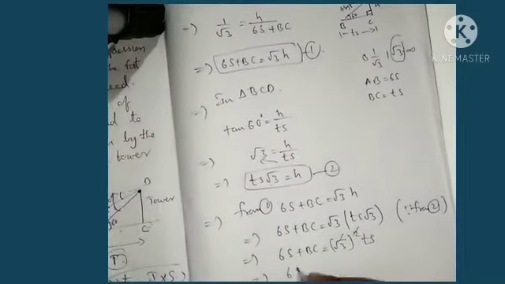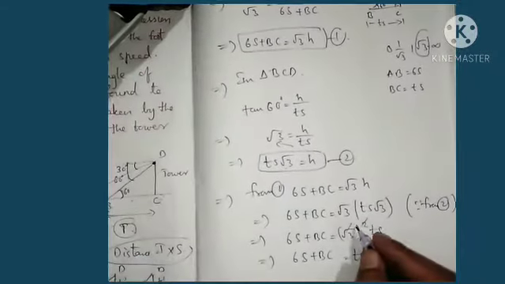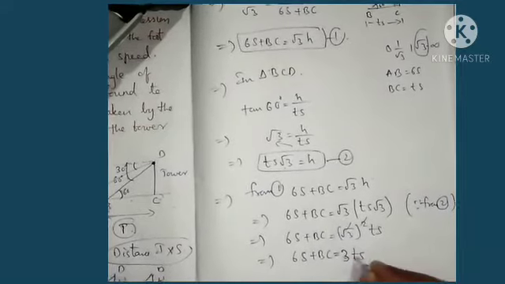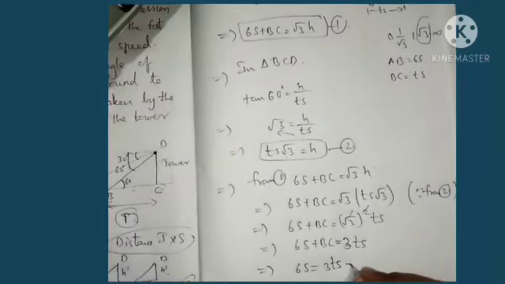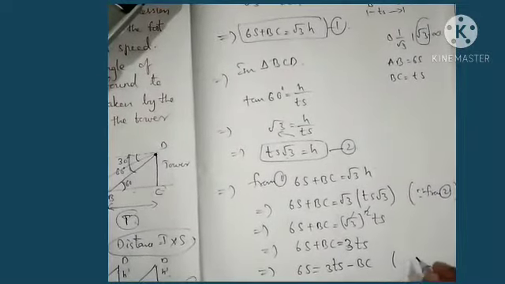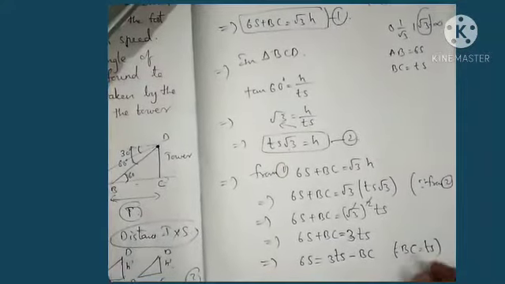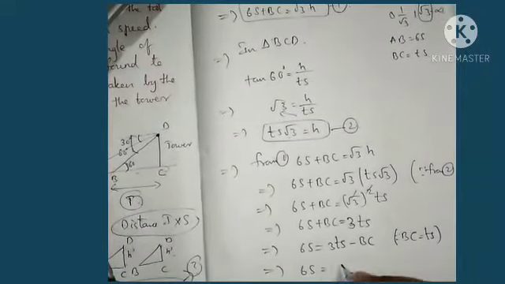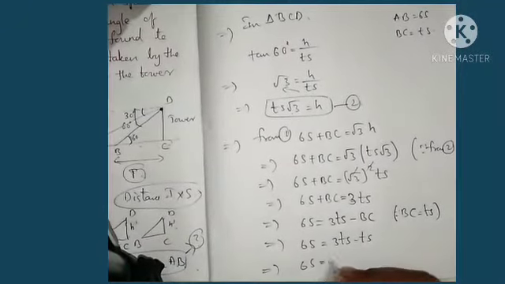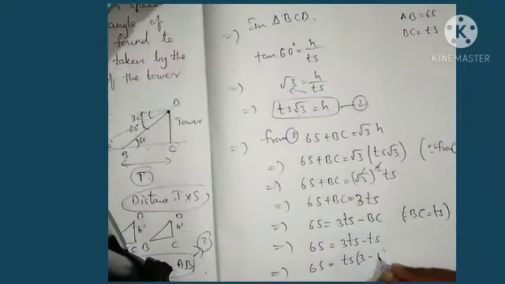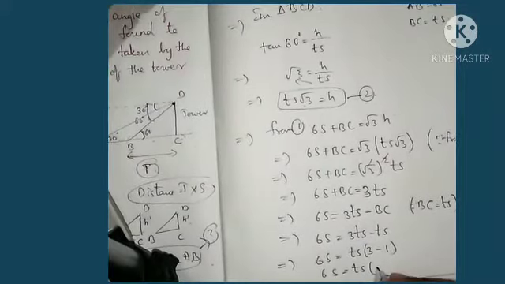Now 6S plus BC is equal to 3TS. So 6S is equal to 3TS minus BC. We know that BC is equal to TS, so we will substitute this over here. 6S equals 3TS minus TS. You can take TS common, 3 minus 1, you will get 2. So 6S is equal to 2TS.